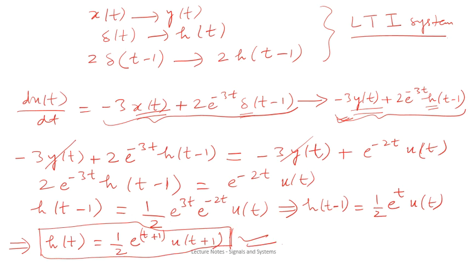Now we move on to the convolution for discrete time LTI systems. So we had seen that when we had evaluated the convolution in continuous time, we called it the convolution integral.